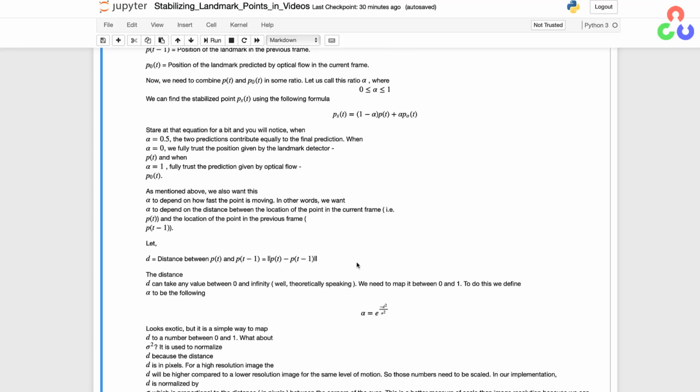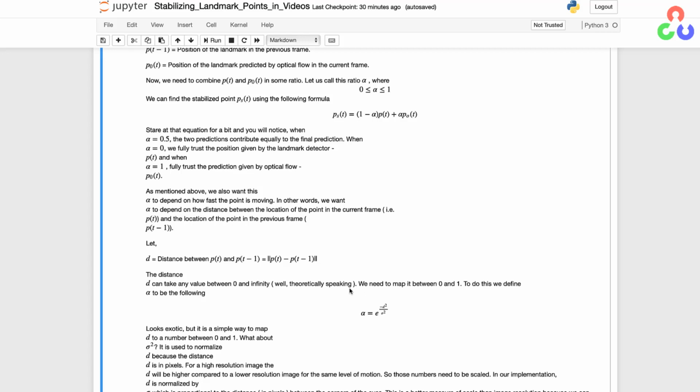If you want to expand this, let's say you have (x1, y1) as the current estimate and (x0, y0) as the previous estimate, then this distance is nothing but the square root of (x1 minus x0) squared plus (y1 minus y0) squared. So that is the distance between the points.